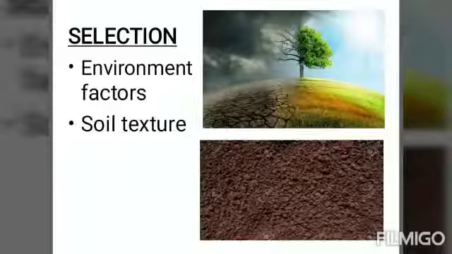So mostly all the trees grow well in neutral soil ranging from what pH? 5.5 to 6.5 pH. So these are some of the important points that come under the environmental factor and soil structure.